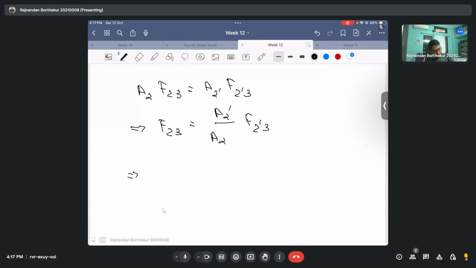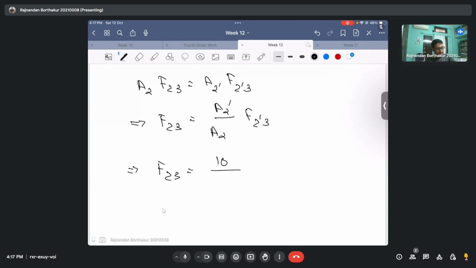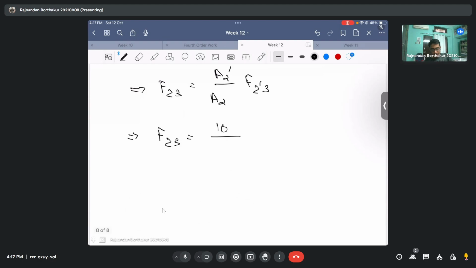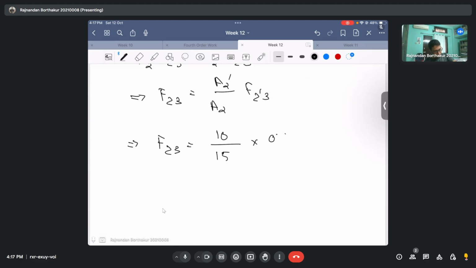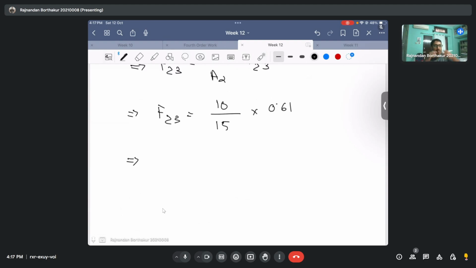A2 prime is 10, the heater area itself, and A2 is given to be 15. And F2 prime 3 is 0.61, so the fraction of energy leaving the actual surface 2 that hits surface 3 comes out to around 0.41. That's the unknown F23 we were seeking.